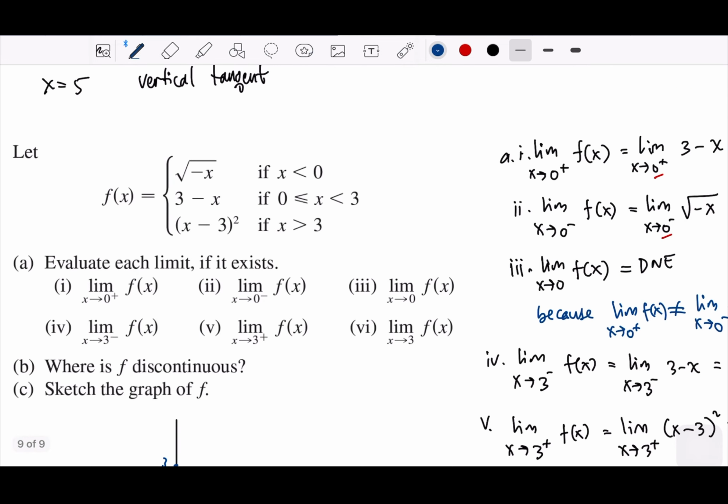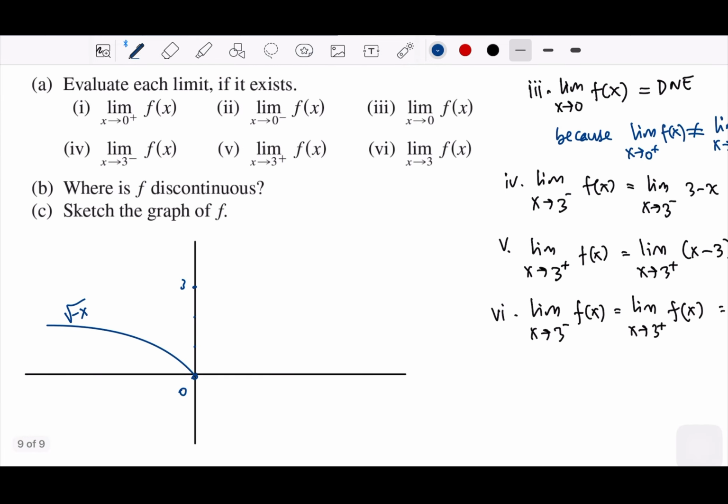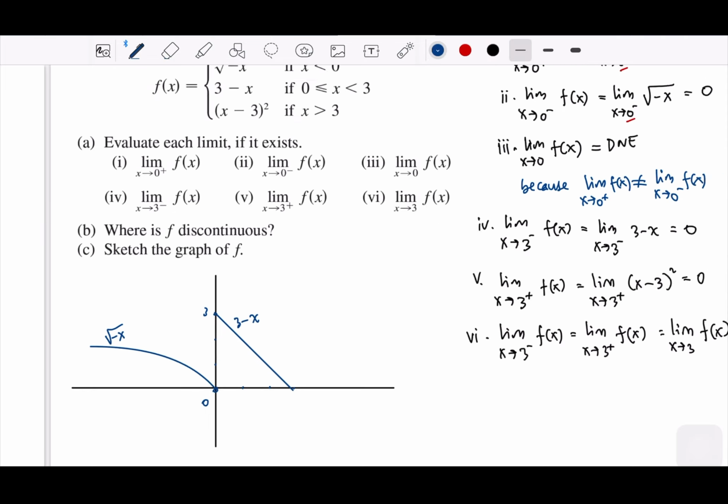And then it should be maybe 1 here, and then it's going to be here. Not really good, maybe I made it too close. Let me just take this and combine this. Yeah, maybe this is okay. So this is 3 minus x.